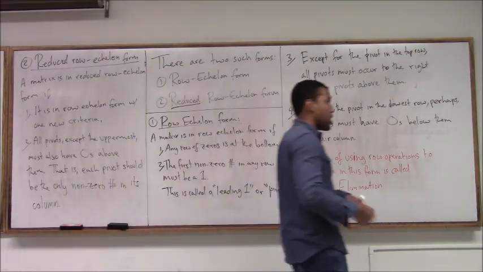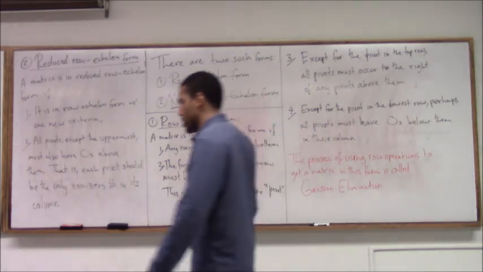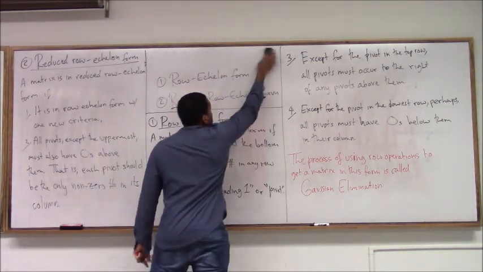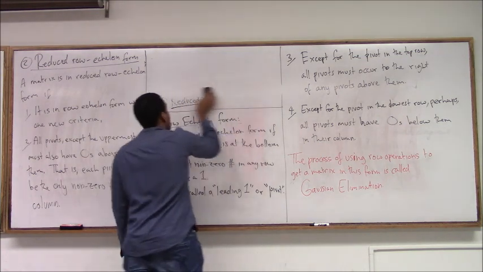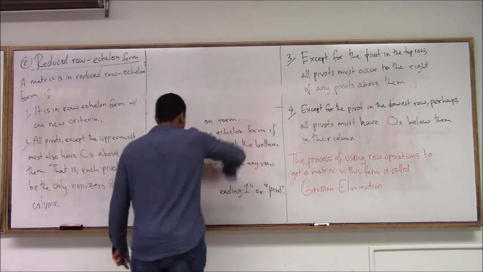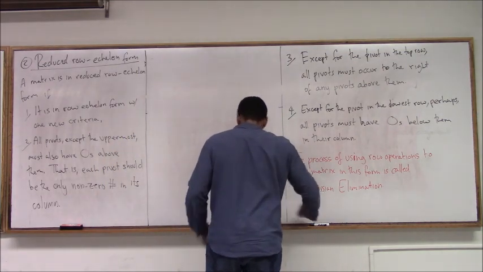And if you add that criterion on top of row echelon form, you get what's called reduced row echelon form. These are two very important forms, and you need to know what they are, when something is in that form, and how to put something in that form.